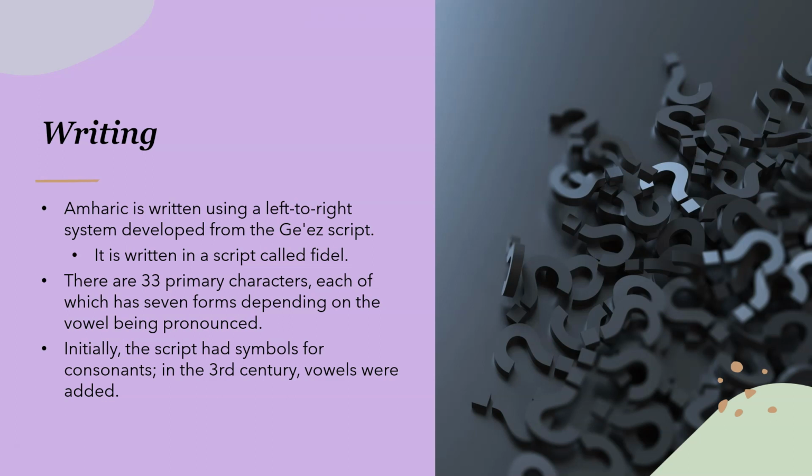It's written in a script called Fidel. There are 33 primary characters. Each of the primary characters has 7 forms, depending on the vowel being pronounced. Initially the script has symbols for consonants but not for vowels, but in the 3rd century they added vowels.